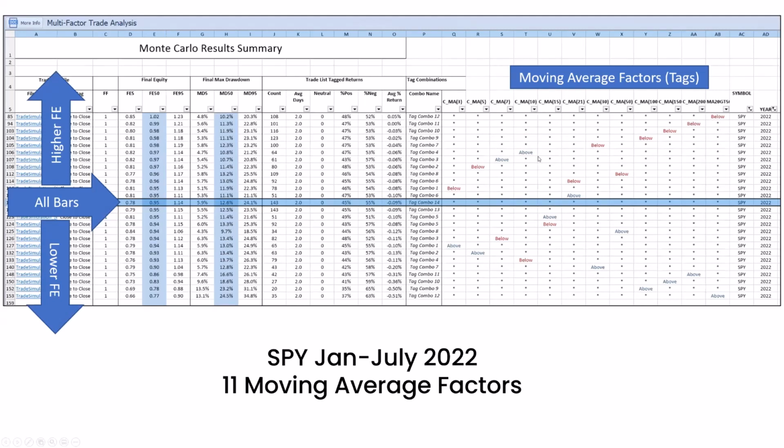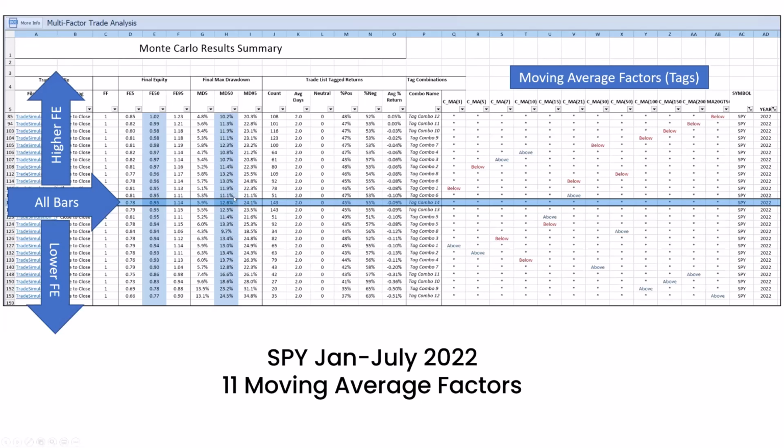And then if you go across to look at the actual numbers of final equity, you see they're very close. You're going 0.95, 0.96, 0.97, 0.98. So everything is pretty close there. But again, interesting that that seems to pick out those bars as being better bars to be trading.